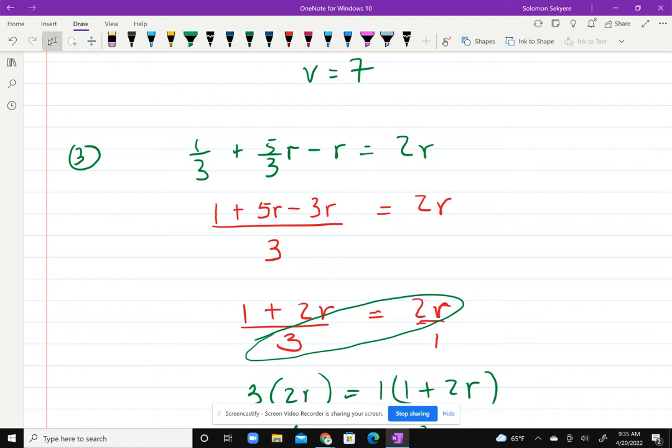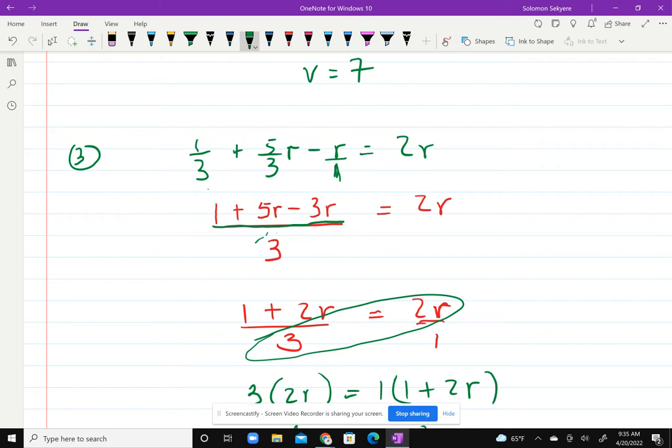Let's focus on the left side. We find the LCM of 1 over 3, 5 over 3, and this r here is r over 1. So we find the LCM of 1 and 3, which is 3.